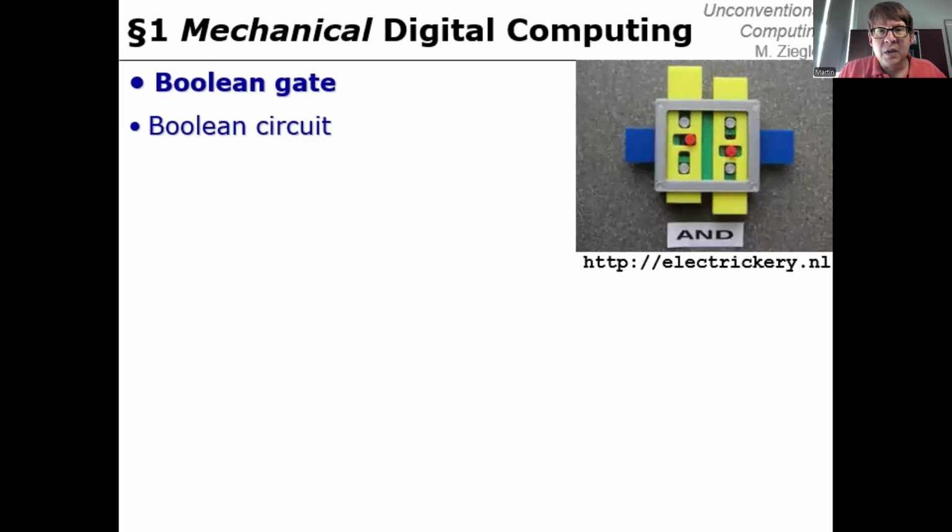So you see the two blue inputs, left and right. And then there's a clock signal which moves the yellow gates down. And if both blue bars have been pushed, then it moves down, and otherwise it doesn't.